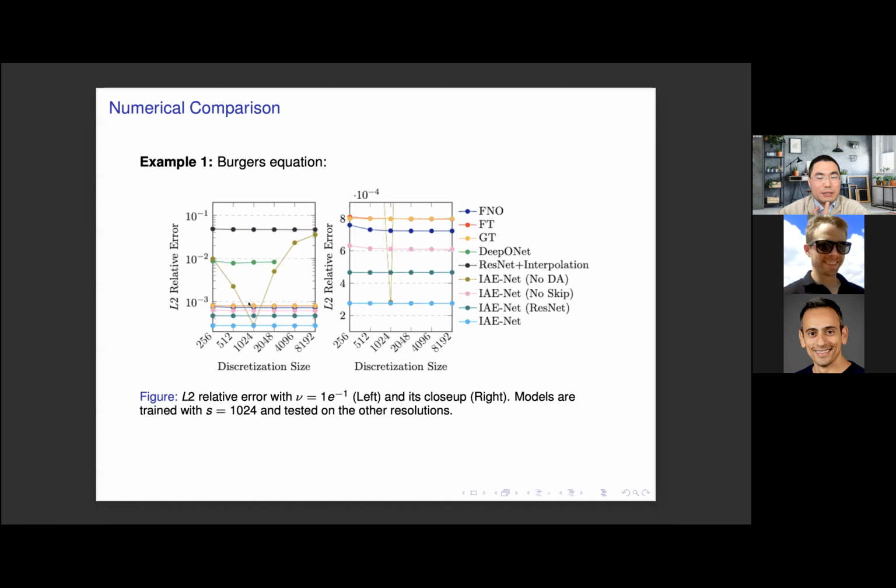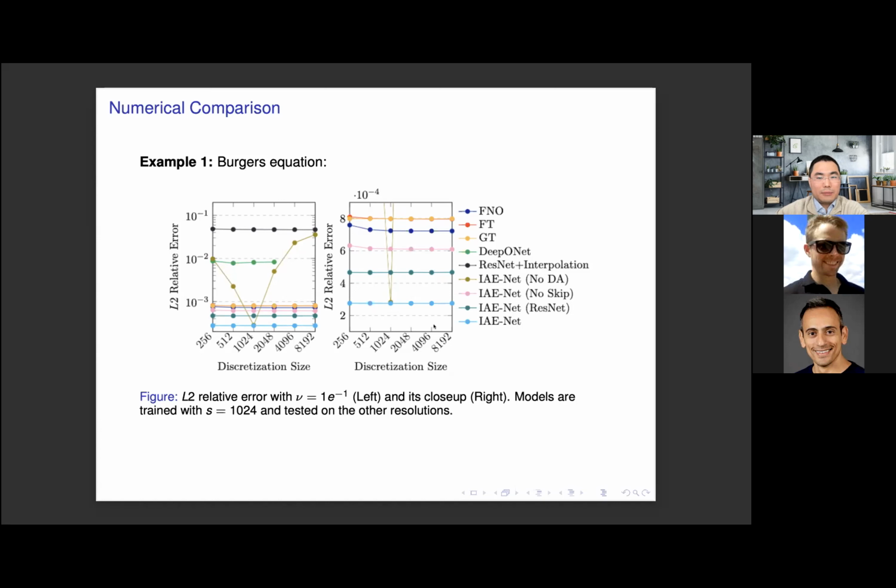As we can see, the accuracy of FNO, FT, GT, ResNet plus interpolation, and almost all the IAE-Net versions can achieve discretization invariance. According to the comparison here, our final version IAE-Net can achieve the best accuracy.